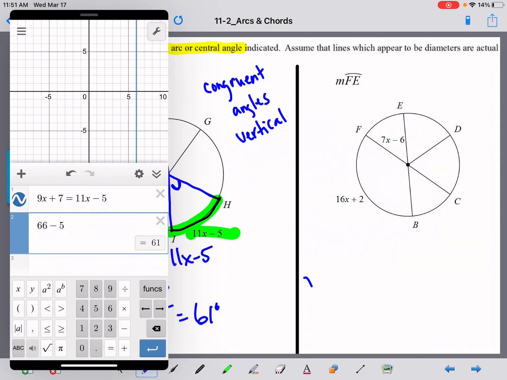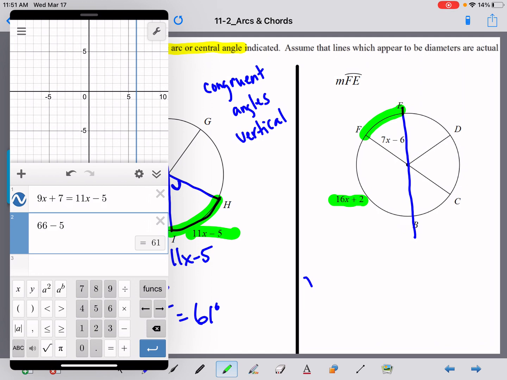All right, what's going on here? So here's my diameter. FE is this piece. That's what I'm trying to find. So 7x minus 6 and FE are going to be the same thing. And then I have this.